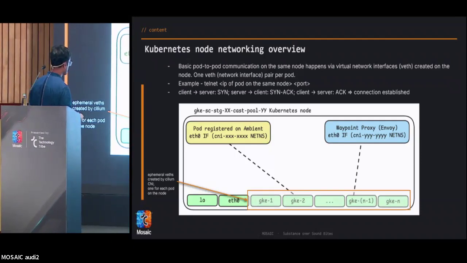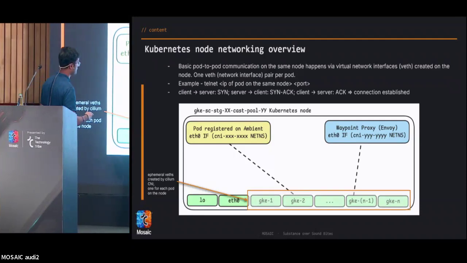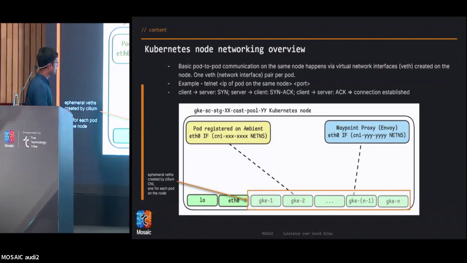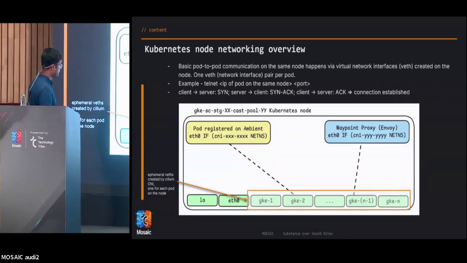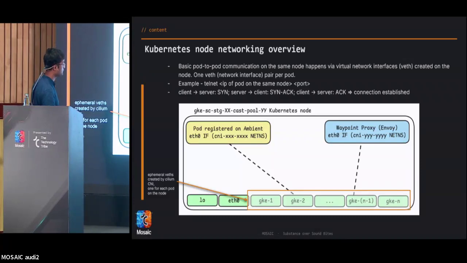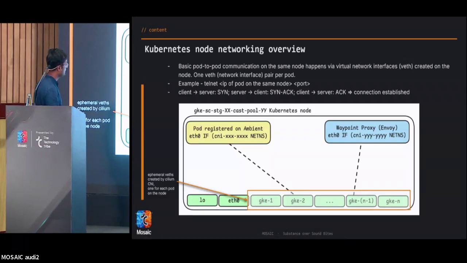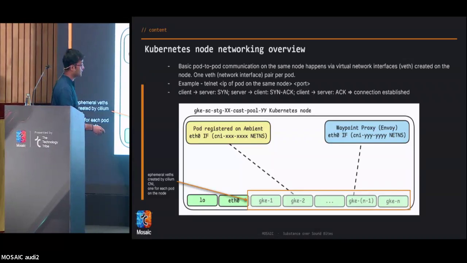You have the eth0 network interface within the pod itself, in its own network namespace. And these are ephemeral network interfaces created by Cilium. Then this one is mapped one-on-one to the pod's networking interface, so a packet coming from here naturally ends up on this particular networking interface.